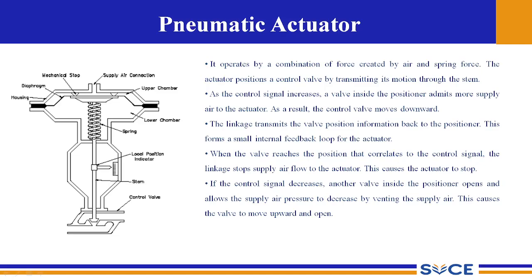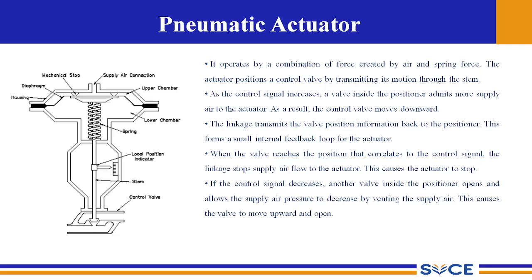So as a result, the control valve actually moves downwards. That is, when the supply air connection supplies a greater amount of air, this diaphragm is pressed so that the spring is compressed. When the spring is compressed, this stem is lowered so that the seat actually closes the opening. The flow will be stopped.